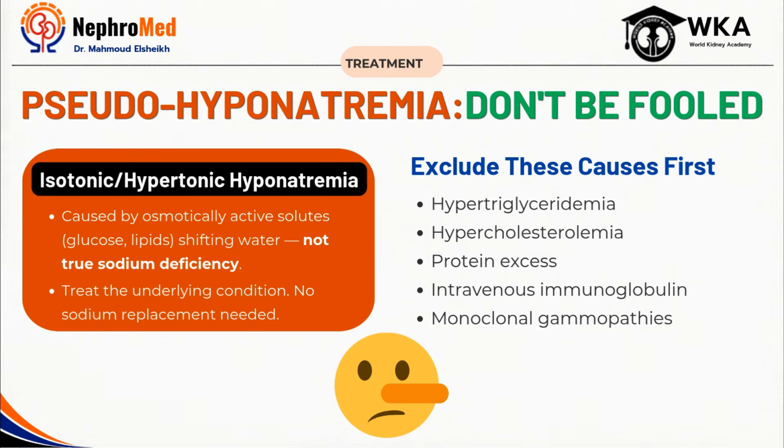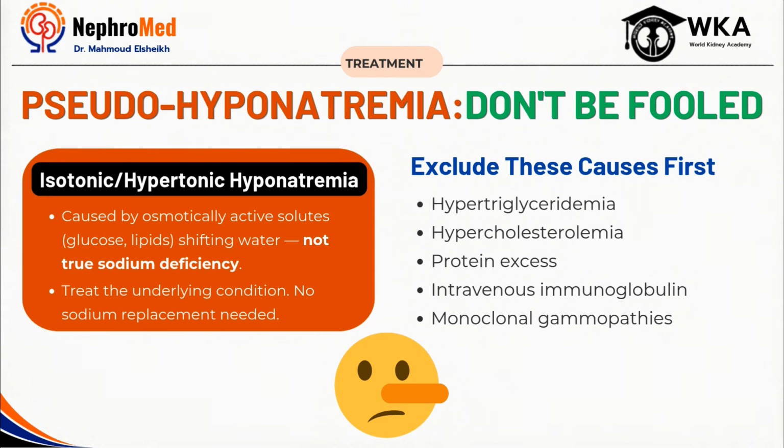Classic causes include severe hypertriglyceridemia, hypercholesterolemia, or marked hyperproteinemia. Intravenous immunoglobulin therapy can be a cause, and even monoclonal gammopathies such as multiple myeloma. The sodium concentration within plasma water is actually normal. The problem is mainly a lab measurement artifact, especially with indirect ion-selective electrode techniques.